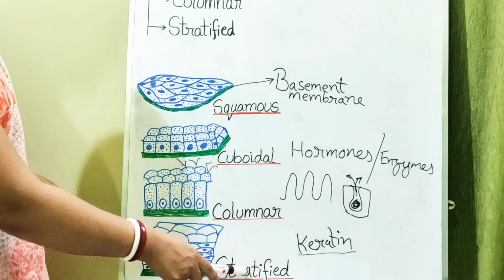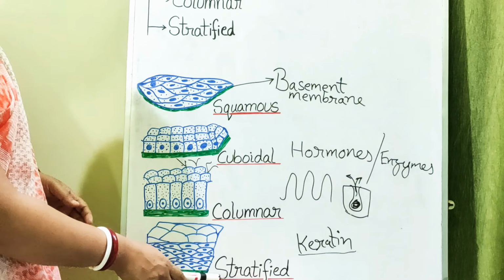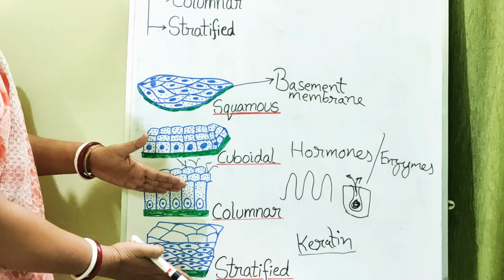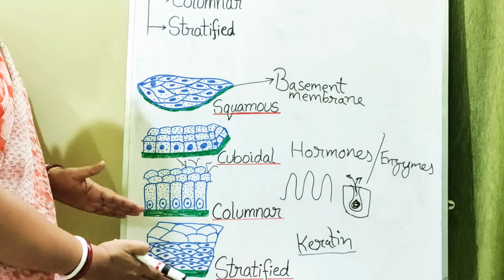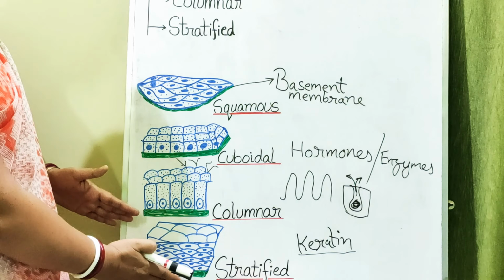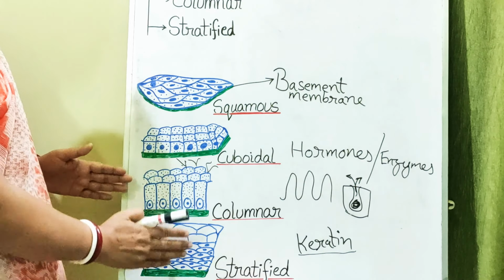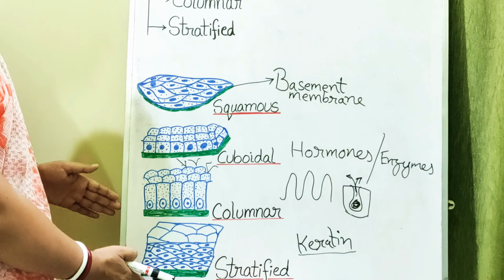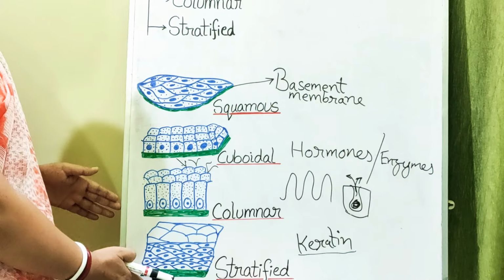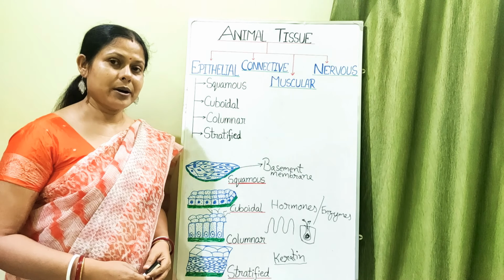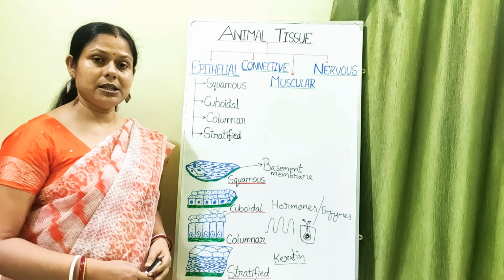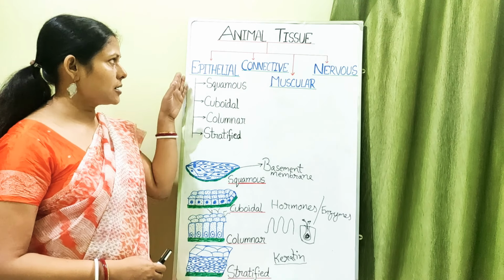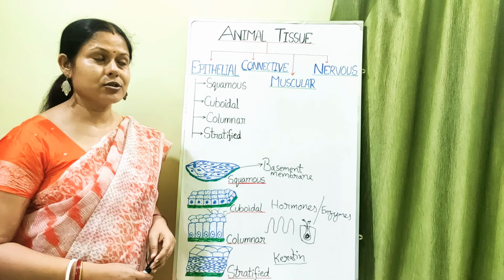And the last one is stratified epithelial tissue, which is in the form of strata, a thick layer, so that the internal body parts can be protected. So this is about the 4 different types of epithelial tissues discussed in your book, with their characteristic features, functions, and locations. That was all about the different types of epithelial tissues, the first kind of animal tissues which we have discussed today.